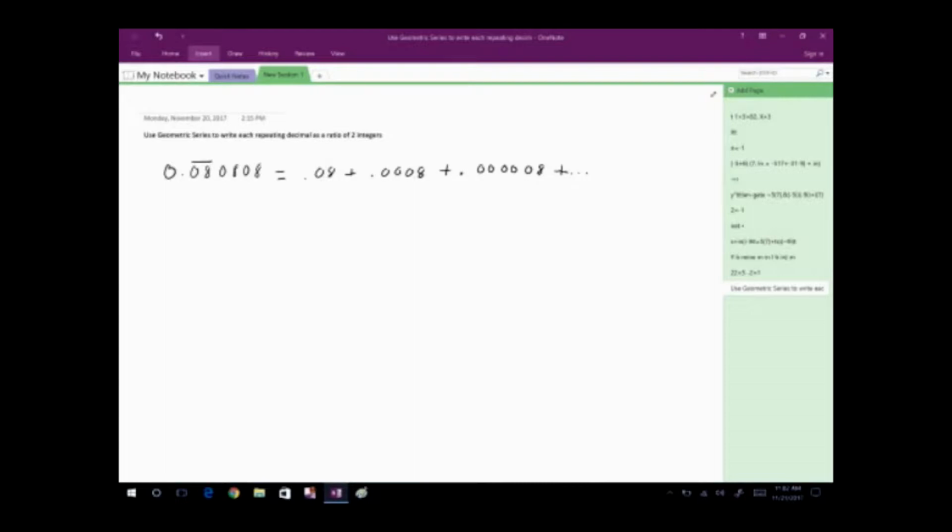And then notice that we can also represent 0.08 as 8 over 100. 0.0008 can be represented as 8 over 10,000, and so on and so forth.